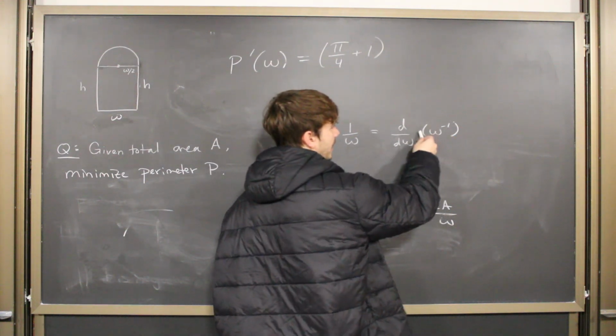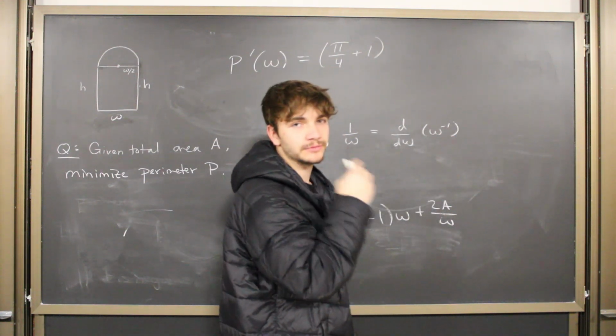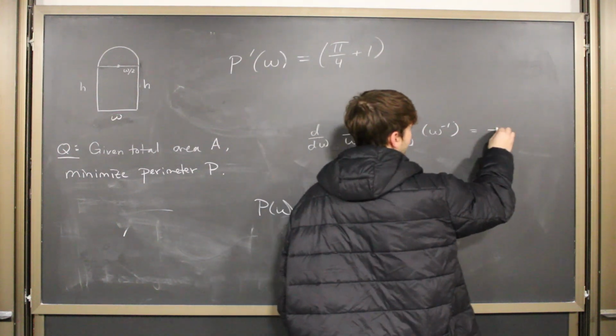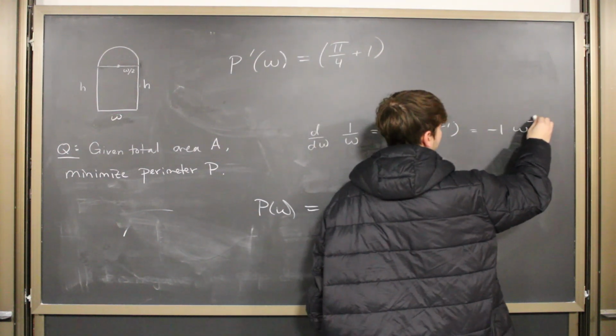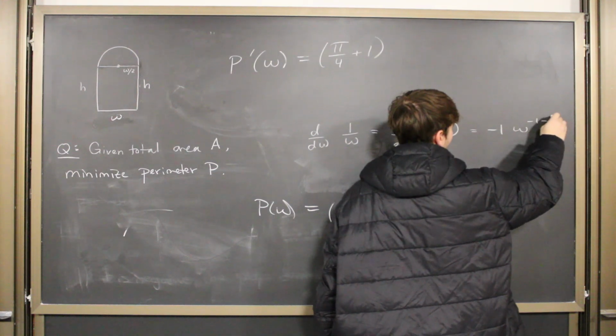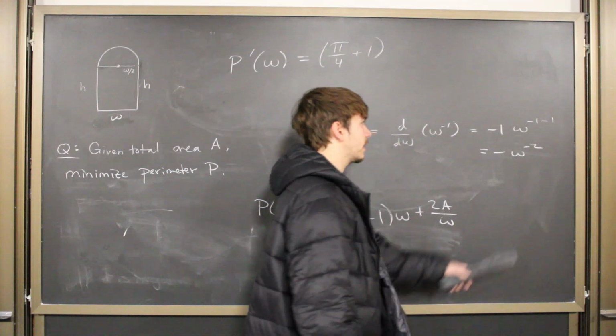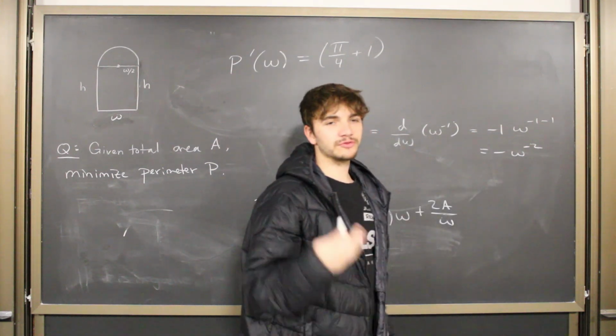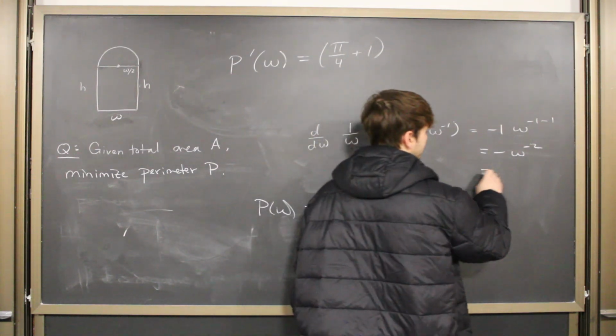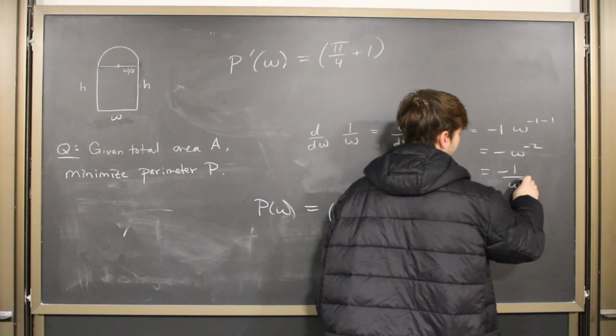I bring down the power and then subtract 1 from the power. So it's negative 1 times w to the negative 1 minus 1, which is negative w to the negative 2, and w to the negative 2 is 1 over w squared. So this is negative 1 over w squared.